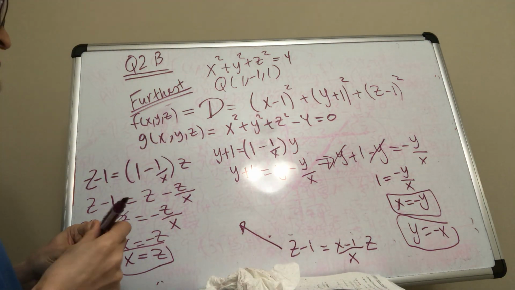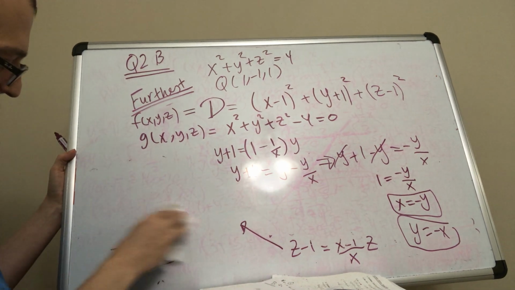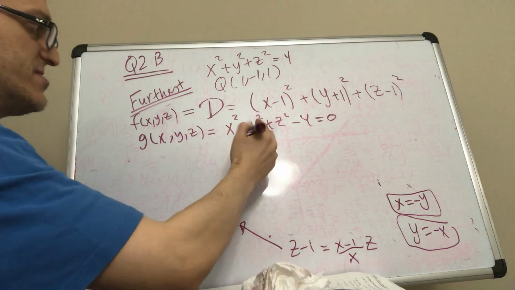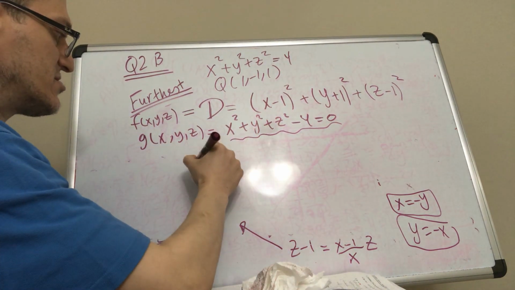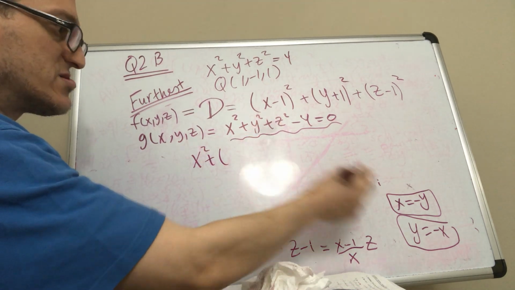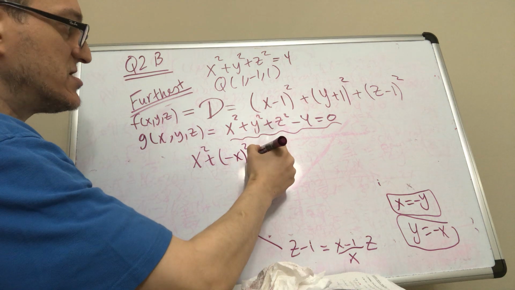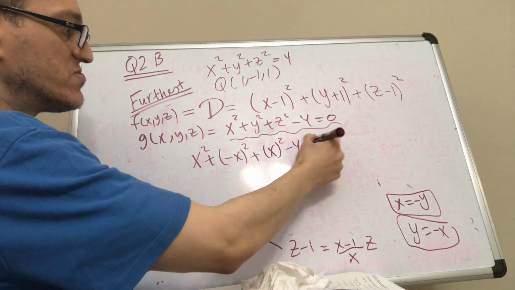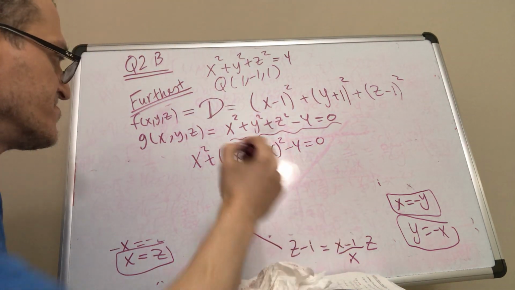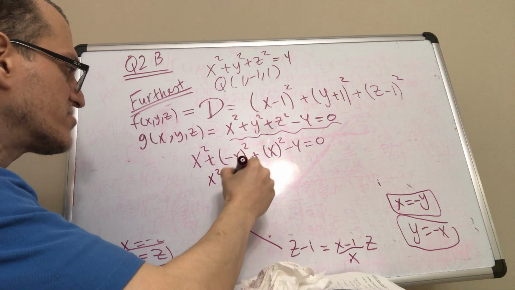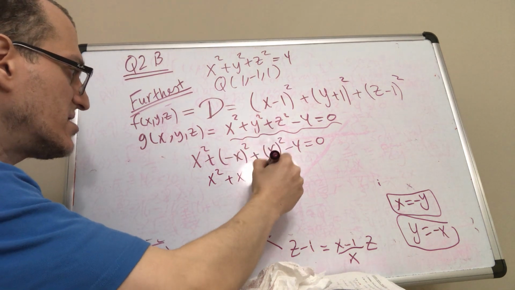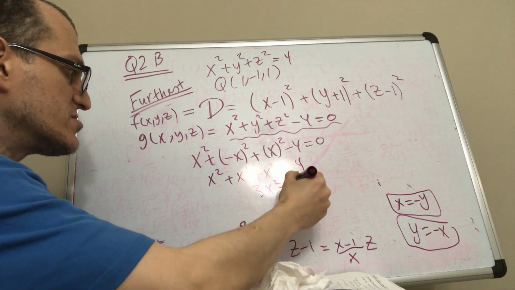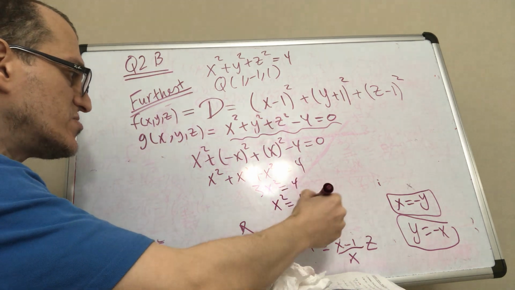After you do this, you plug everything into the constraint, into this one. X squared, leave it as it is. Y squared, I can use minus x squared. Z squared, I can use x squared, minus 4 equals 0. This is x squared plus x squared plus x squared minus 4, move the 4 over, so 3x squared equals 4, x squared equals 4 over 3.